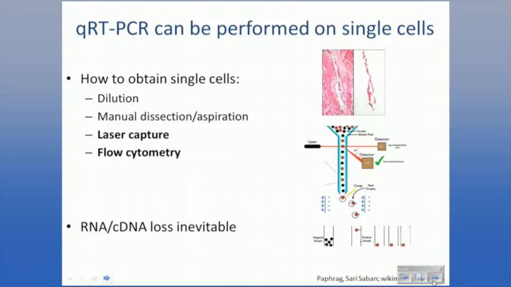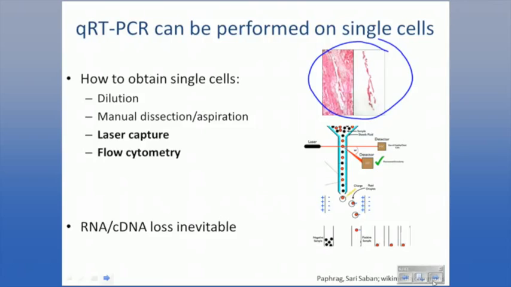I have a picture here of an example of something called laser capture microdissection, where you have a collection of cells, you use a special resin, you hit it with a laser, and that allows you to selectively pick up just the cells that you hit with the laser. So you can identify either individual cells this way and purify them, or you can get particular groups of cells if that's what you're interested in.